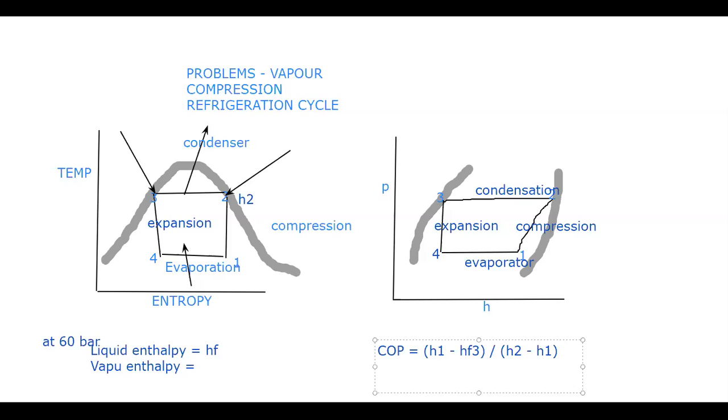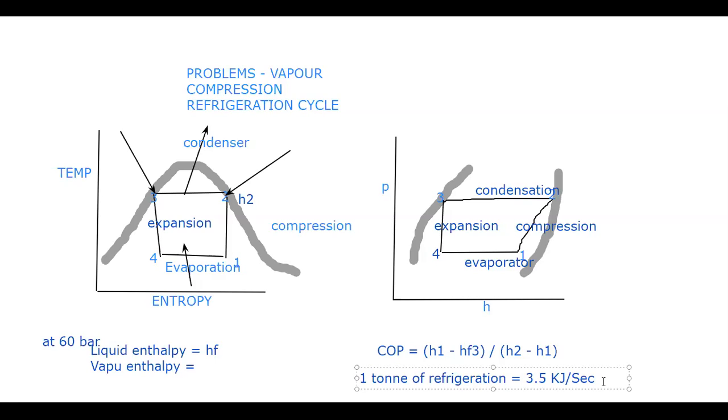There is a formula; just remember this calculation on the whiteboard. 1 ton of refrigeration means if I am extracting heat of about 3.5 kilojoules per second, then I have done a refrigeration of 1 ton.